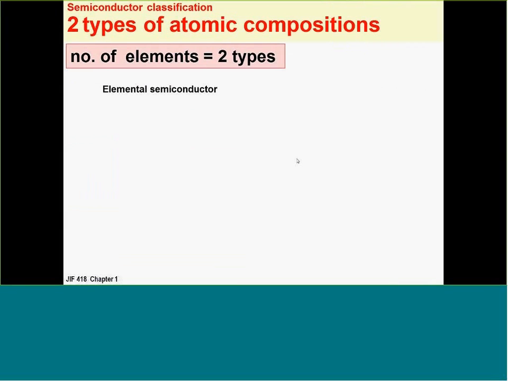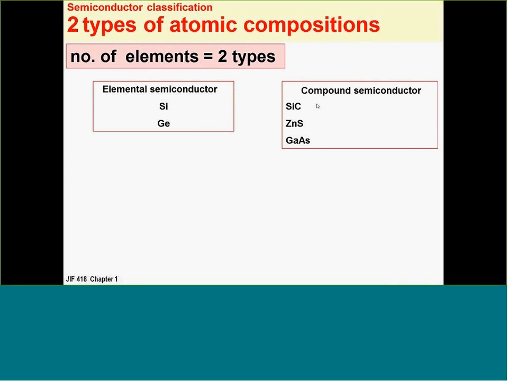Okay, under the classification of atomic composition, there's two types, as I've told you just now: elemental semiconductor and also compound semiconductor. Compound means more than one.